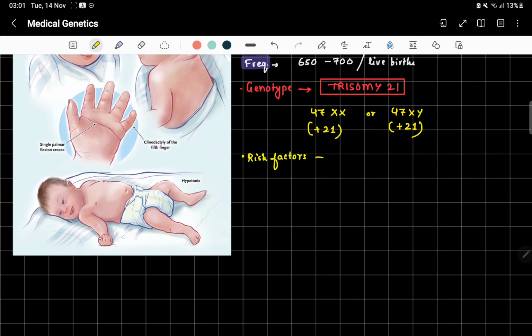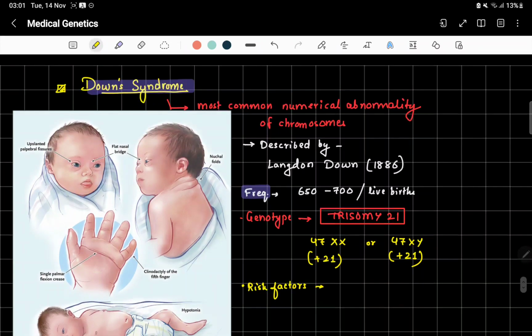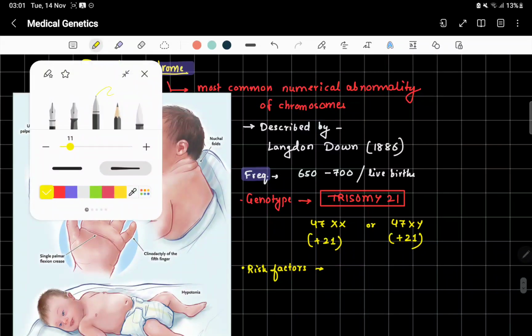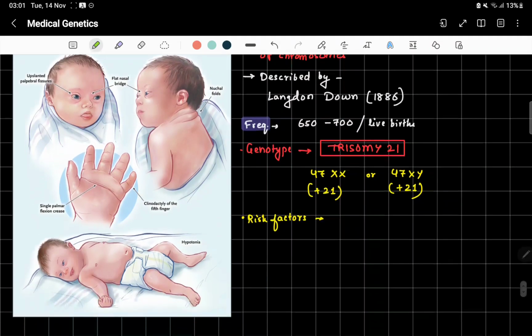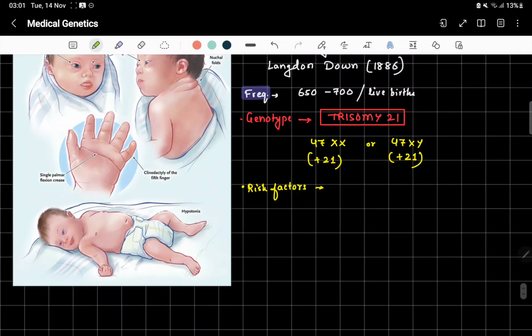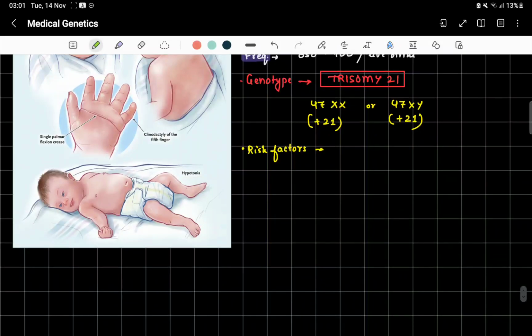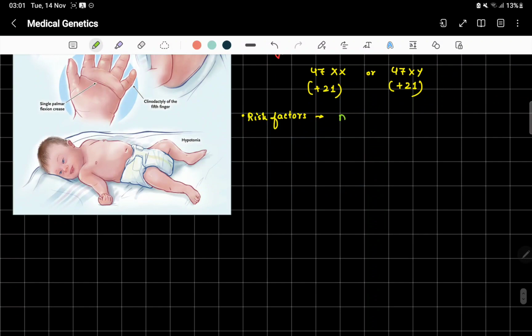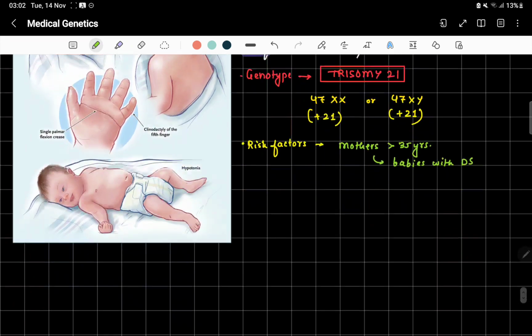What are the risk factors for Down syndrome? The main risk factor is increased age of the mother at conception. Mothers above 35 years of age give birth to babies with Down syndrome.